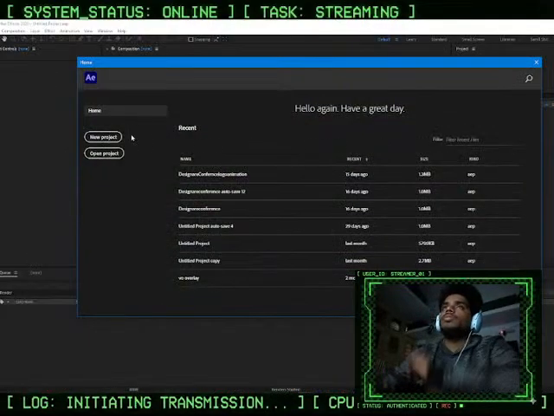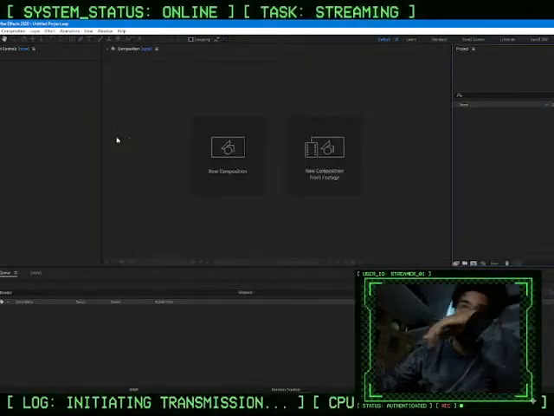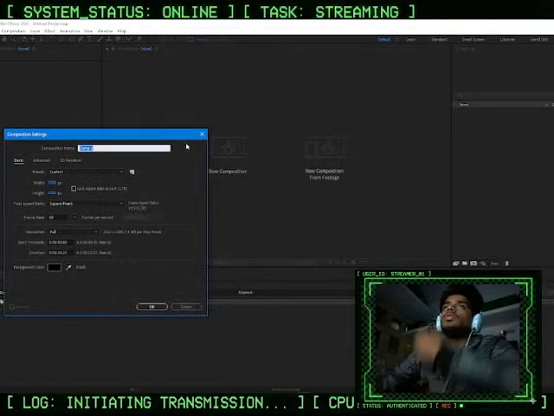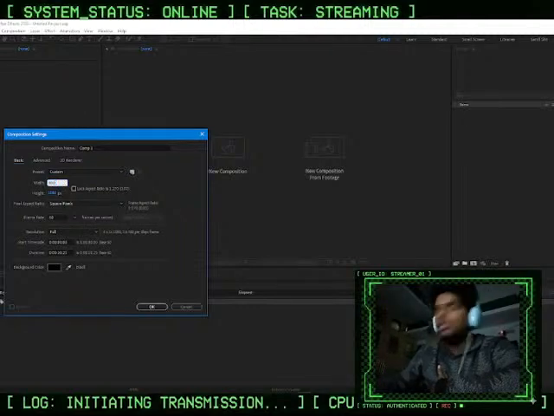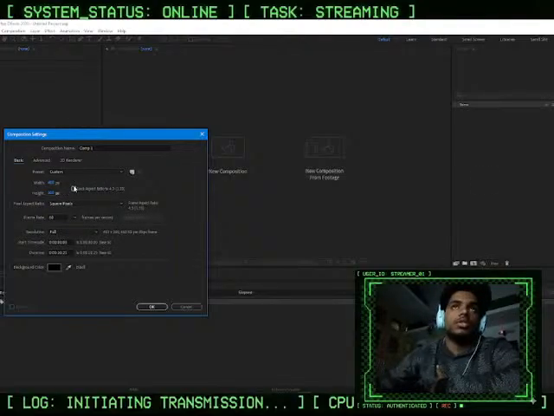Okay, so go for a new project and go for composition, and I want something 4:3 aspect ratio. So we lock that.